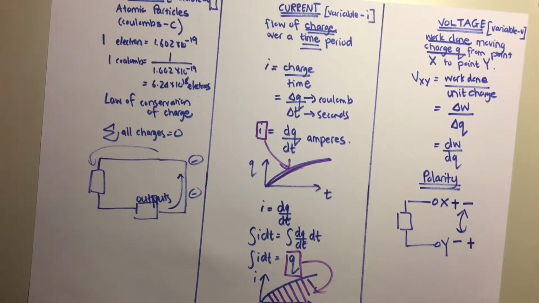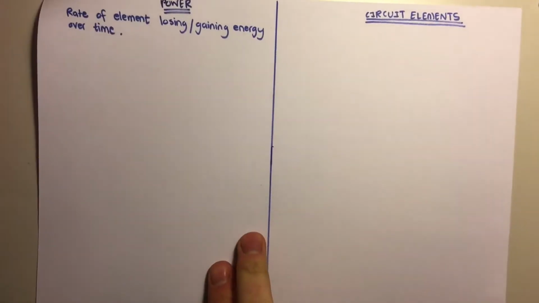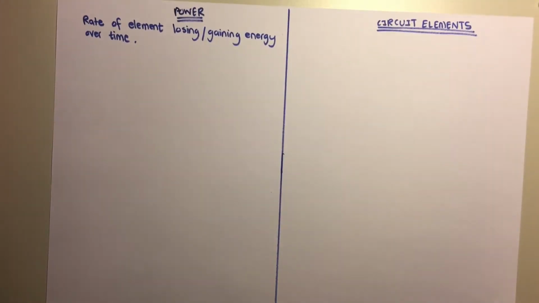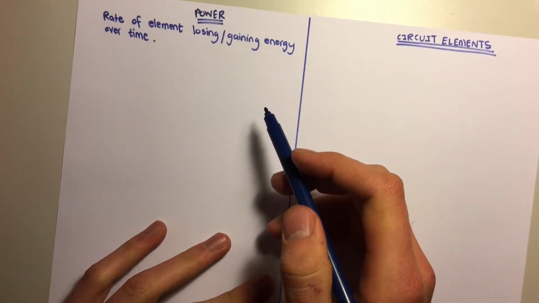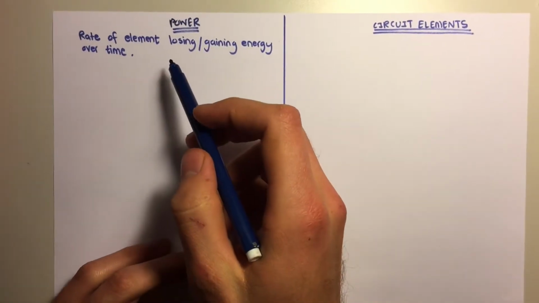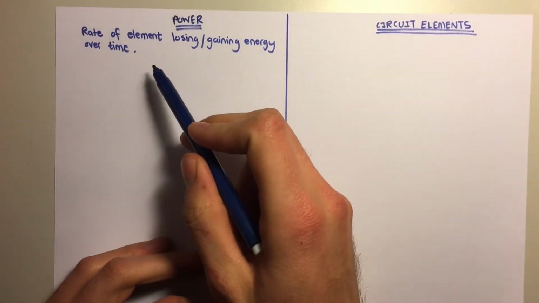Okay, so next we look at power, and then some basic circuit elements, which you should know. So power is the rate of the element losing or gaining energy over time.